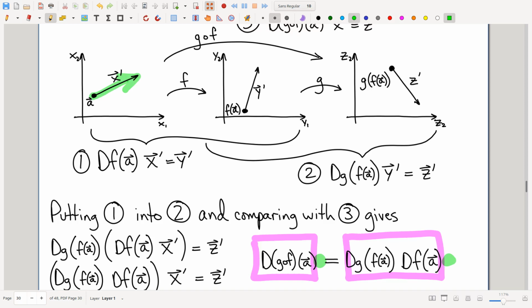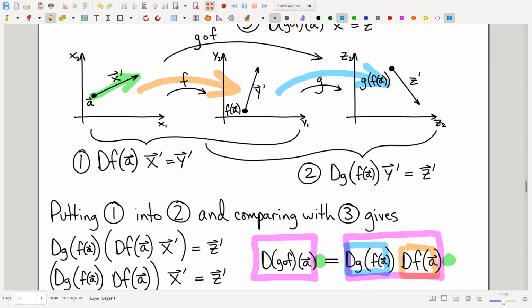A pretty easy way to see this is just observe that the derivative of f is what you do to the green vector to get y prime, and then you apply the derivative of g to that result to get z prime.